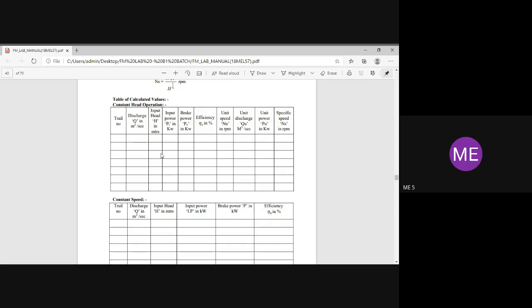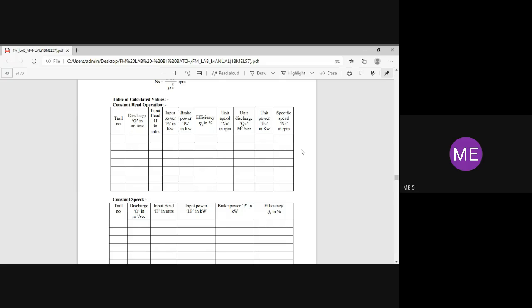Trial number, discharge, input head, input power PI in kilowatts, brake power meaning output power, efficiency in percentage, and you have to find out the unit quantities: unit speed, unit discharge, unit power, and also the specific speed.